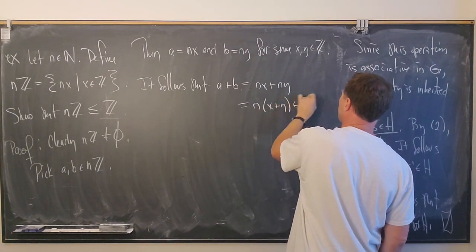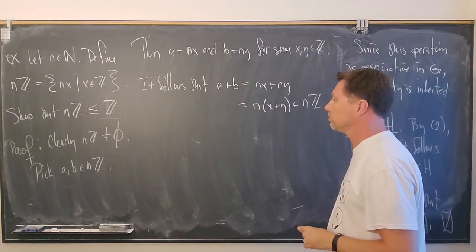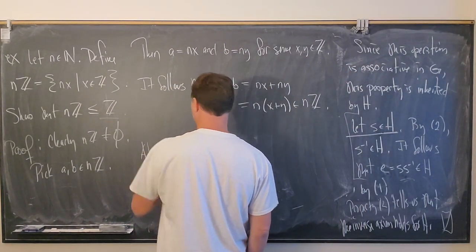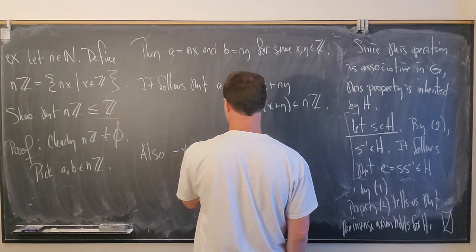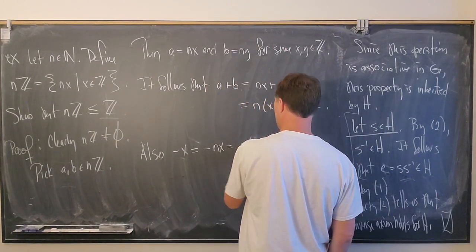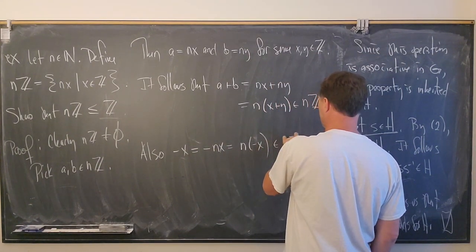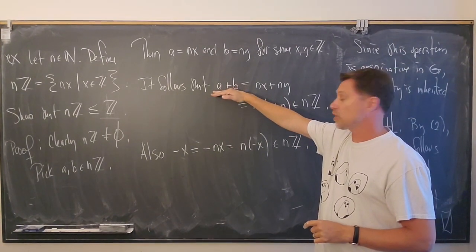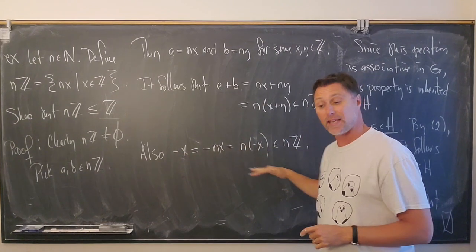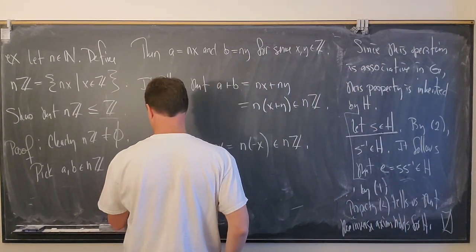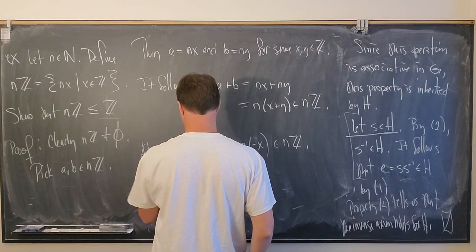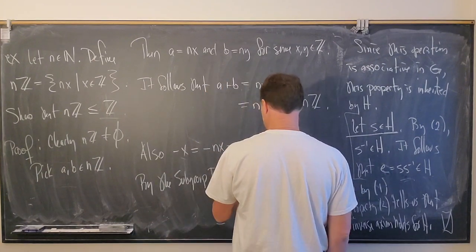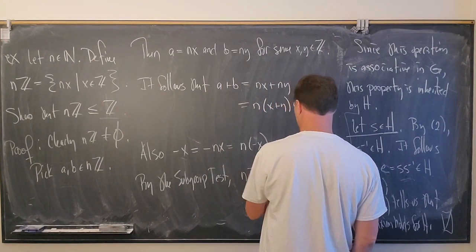That's definitely an element of nZ. Also, minus x, which equals minus nx, which equals n times minus x, is an element of nZ. So I showed that it's closed under the operation. I showed that every element has an inverse. So by the subgroup test, nZ is a subgroup of Z.